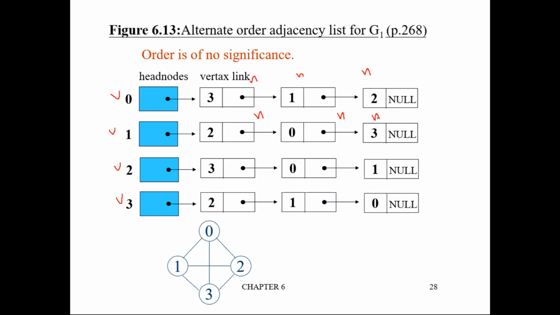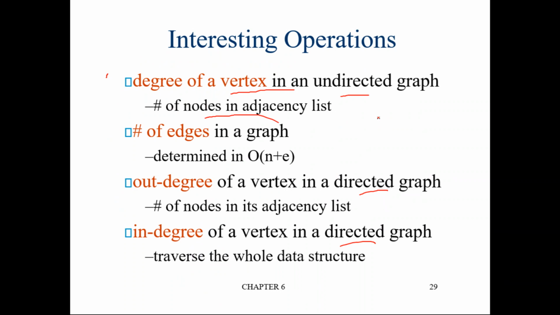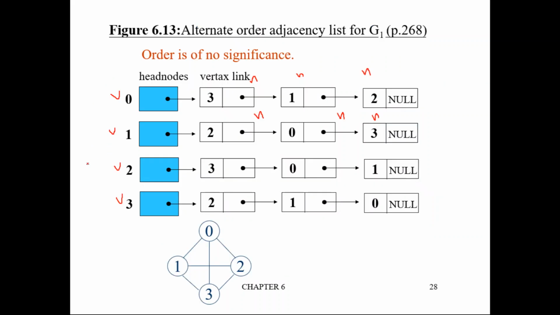Right. So what it says is, the degree of a vertex in an undirected graph is the number of nodes in that adjacency list. For example, if you want to find the degree of vertex 2 from an adjacency list, you just count how many nodes there are.